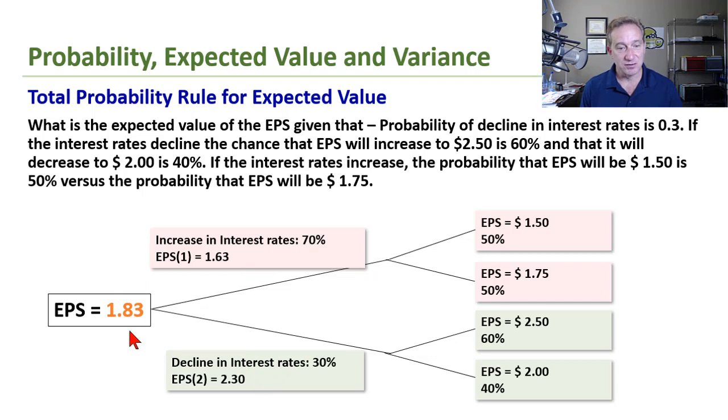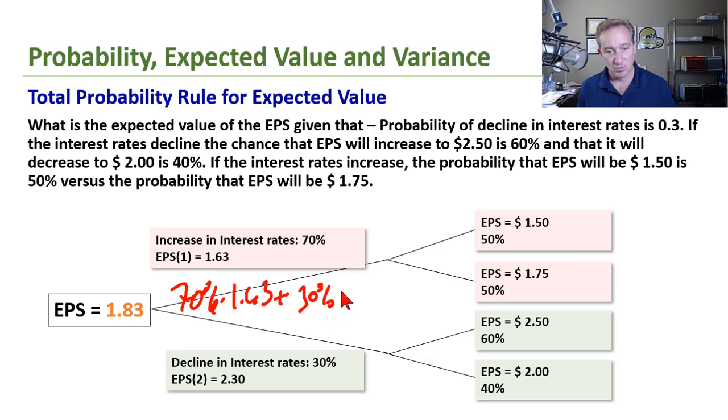And then taking another step back here, we can get to the $1.83 by, again, applying that same sort of backward induction. Let me just explicate here, 70% multiplied by $1.63 plus 30% multiplied by $2.30 equals our $1.83.